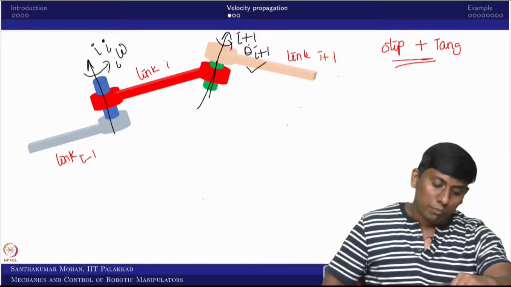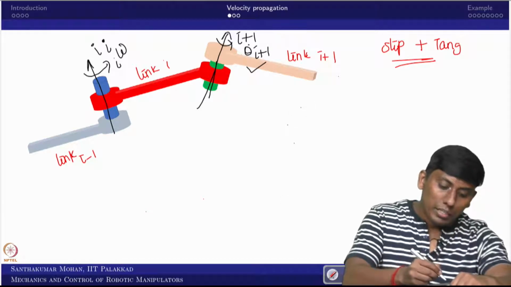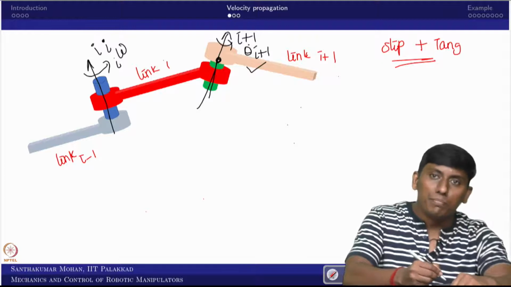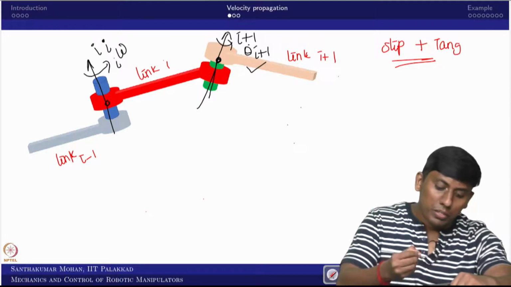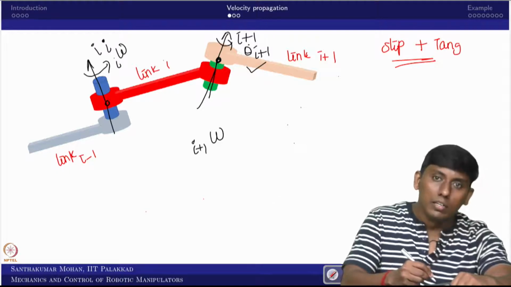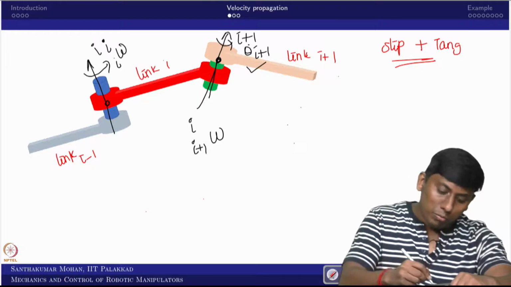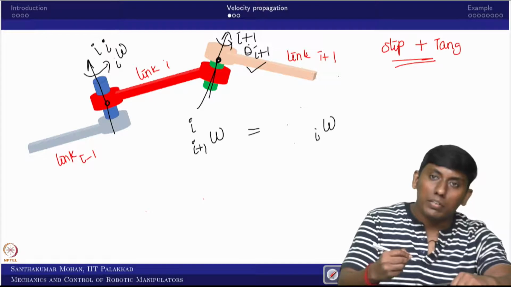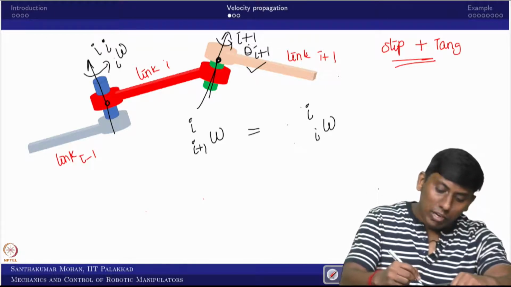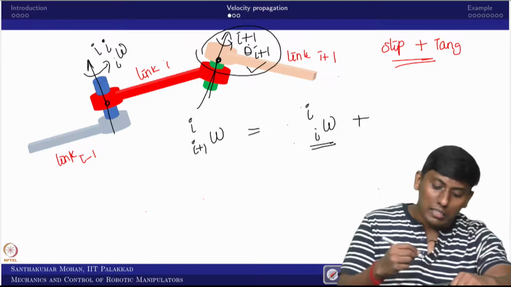Now if I want to know the angular velocity of this frame with respect to this frame, what do I need? I need the angular velocity of I plus 1 with respect to the I frame. What would that be? That would be simple. You already know omega I, with respect to this, plus there is an additional angular velocity about the z axis.